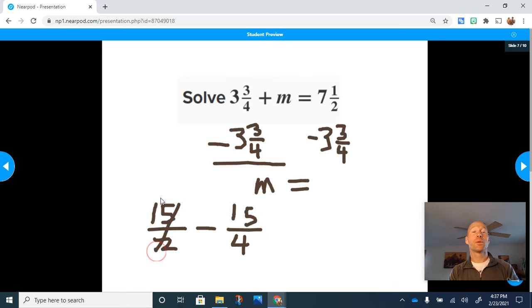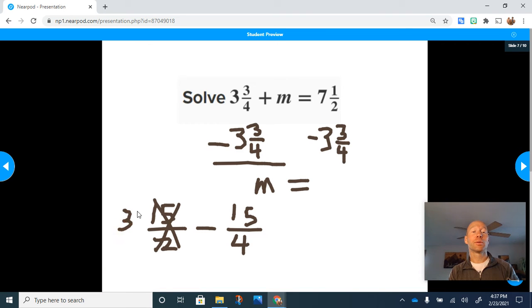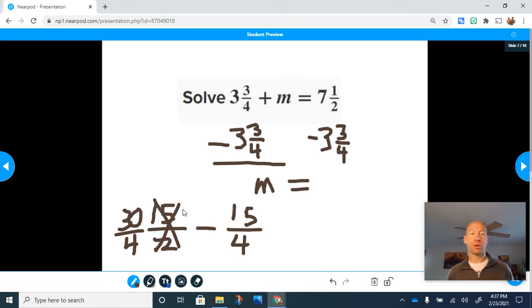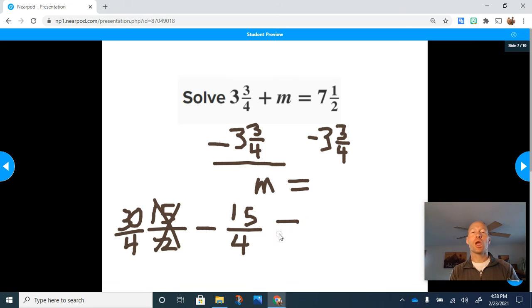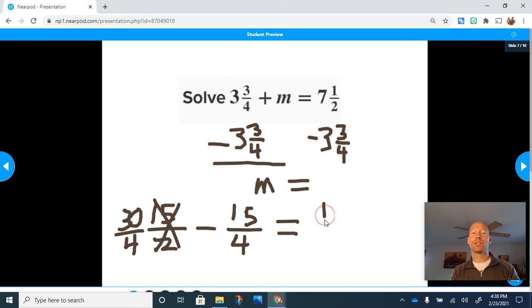It is the same as 30/4. So now I have a common denominator: 15 halves is 30/4, and we have 15/4 on this side. Now we can just subtract, so 30/4 minus 15/4 is 15/4.